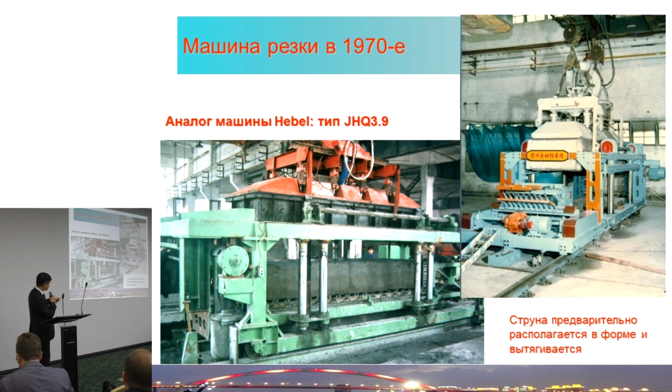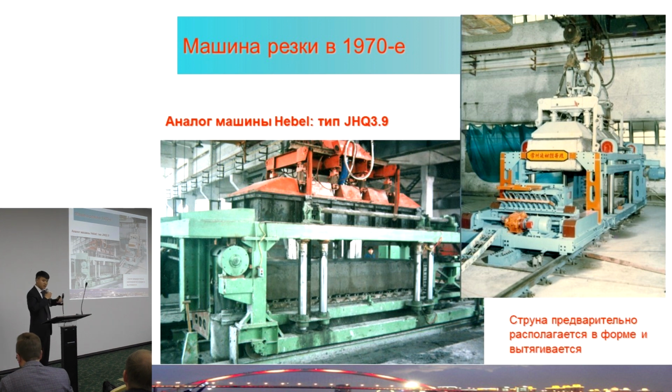And this type is also made in China. It almost copies the mold type from Hebel. This is Chinese equipment, but basically it is a copy of the Hebel machine.